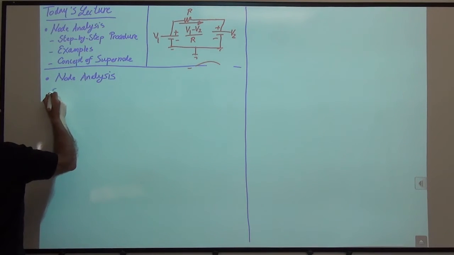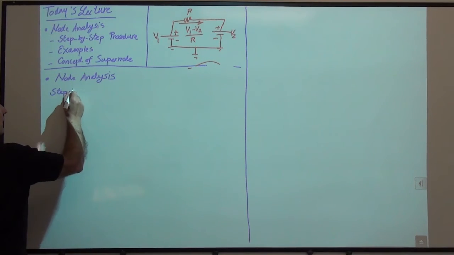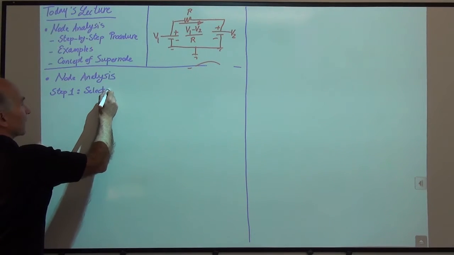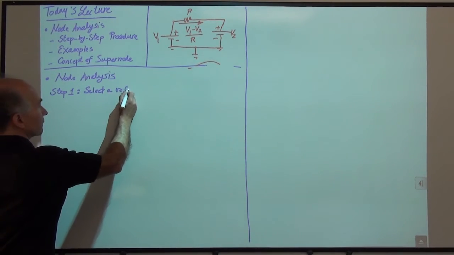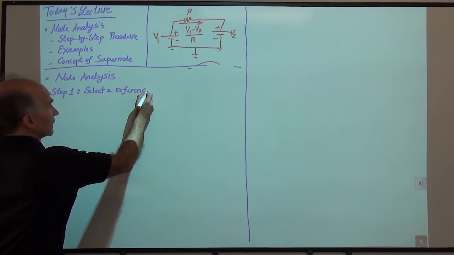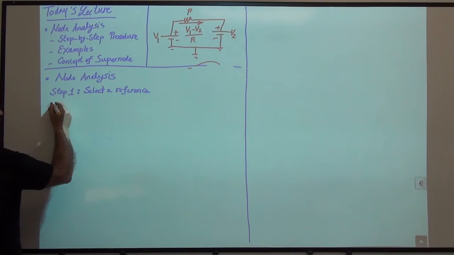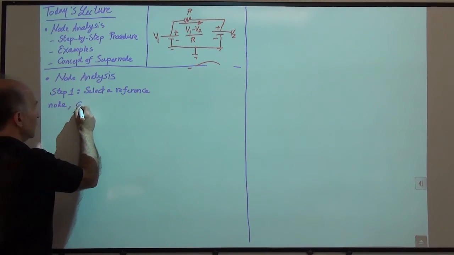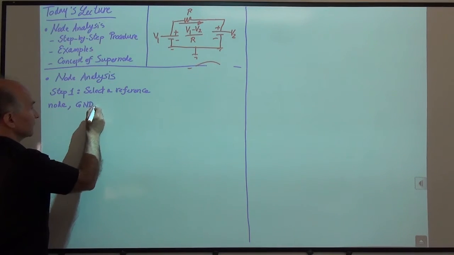So we said that step number 1 is to select a reference node, which we also call the ground and denoted by GND.